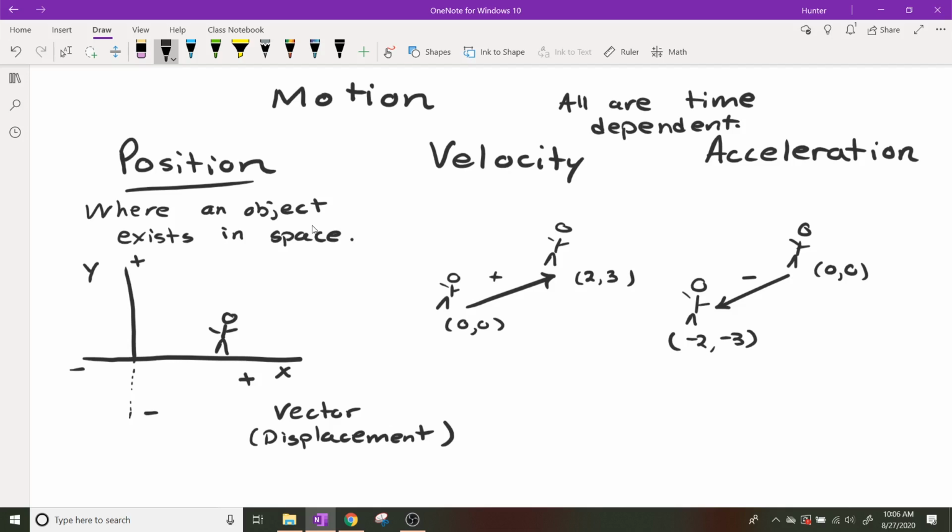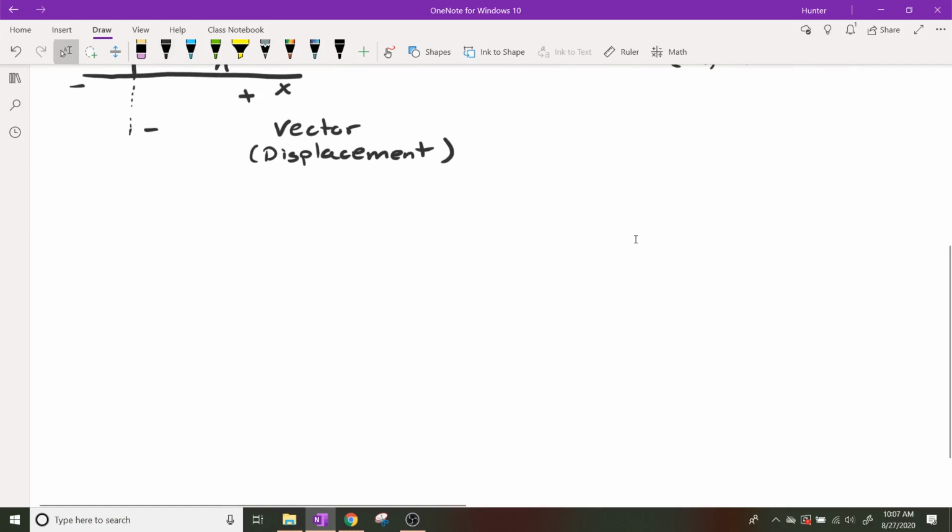Nobody's hurting yet? Okay. Velocity is basically defined as how fast you're moving. Right, I said you, right? Sorry. So the velocity is how fast an object is moving.